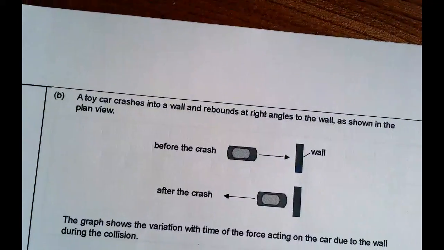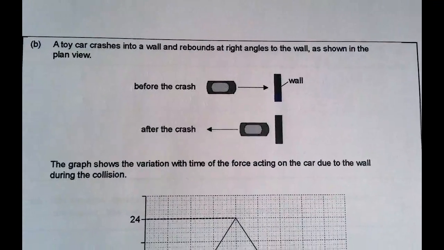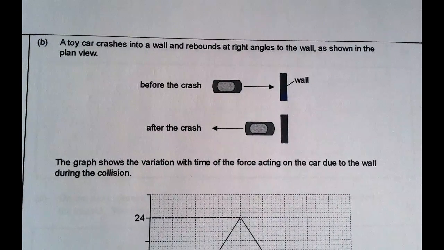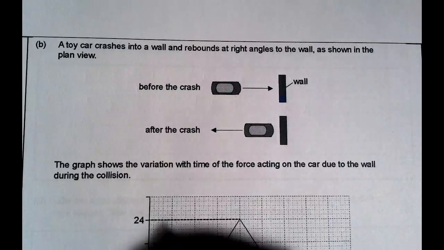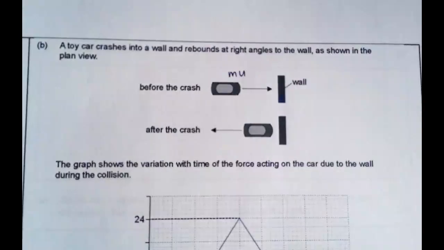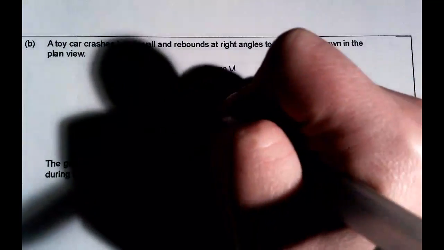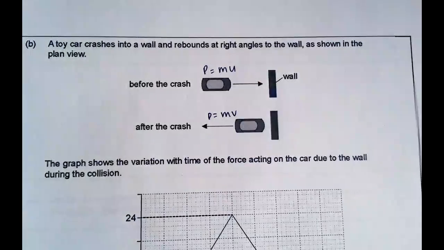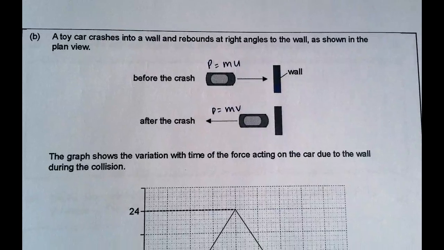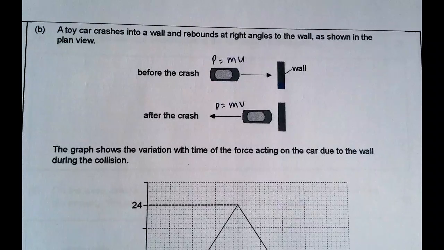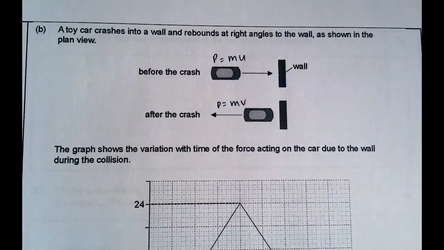You've got a toy car crashing into a wall and it rebounds at right angles as shown in the plan view. So you've got mu is the momentum before, and you've got mv for after the crash. And then it says the graph shows variation with time of the force acting on the car due to the wall on the collision.